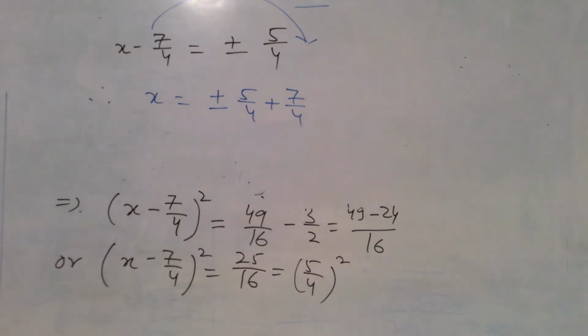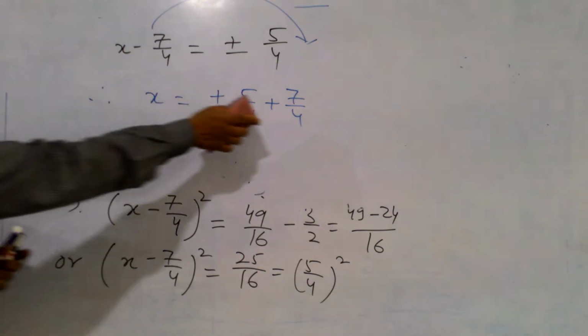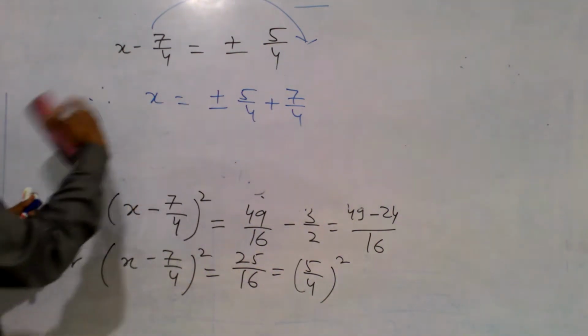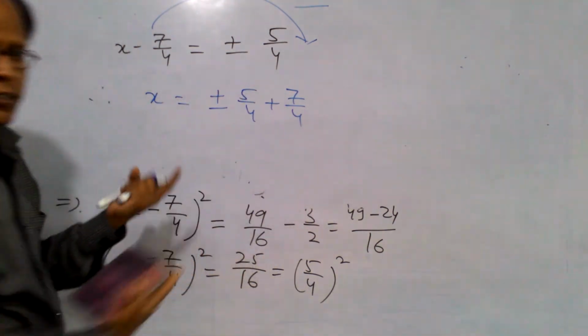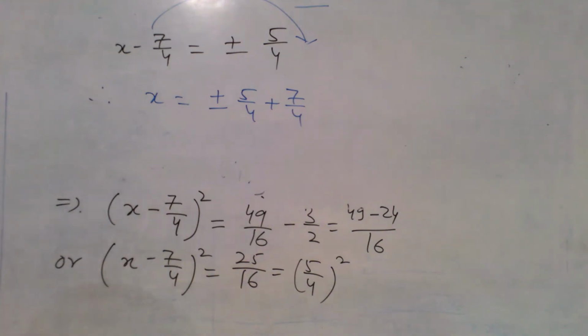Plus minus 5 by 4 plus 7 by 4. So the value of x is, one time we take it plus, second time we take it minus. So we get two values because a quadratic equation has two solutions.